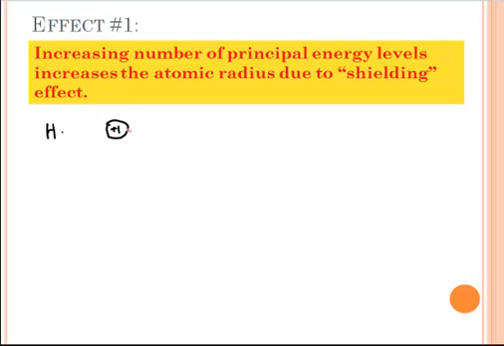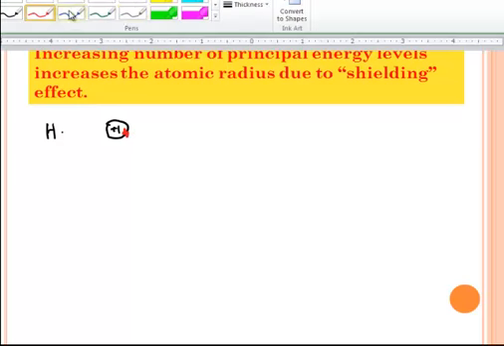Let me keep on trying. There we go. And now we can see lithium. Now we have 3 electrons, 2 rings: 2 electrons on the first ring, 1 electron on the second ring.